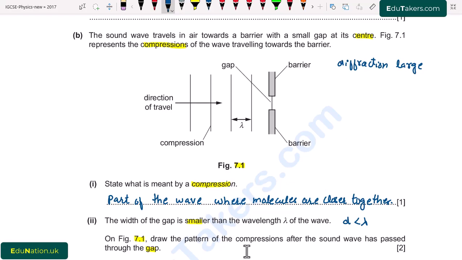It is only possible if the distance is less as compared to wavelength. There is also a second condition: if the gap between these slits is greater than the wavelength, then diffraction will be less.